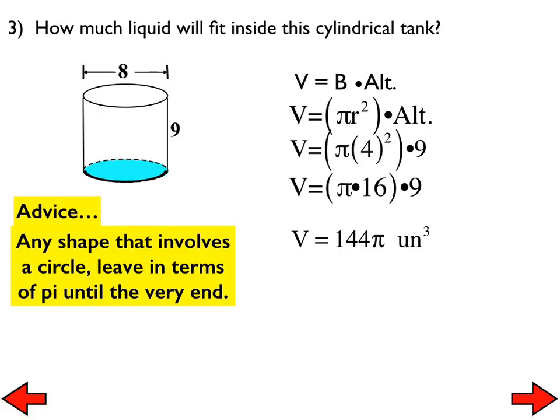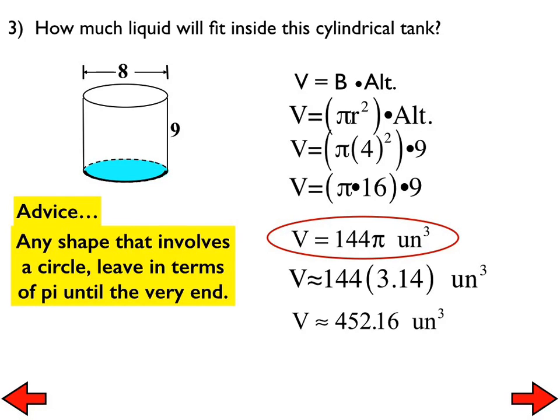It is now that I will do that. And another reason why I do that is sometimes you're simply asked for the volume or the surface area in terms of pi. So in terms of pi, the volume is 144 pi. Now I can multiply 144 times the decimal value of pi, which of course is 3.14, and that would give me a volume of 452.16 cubic units.